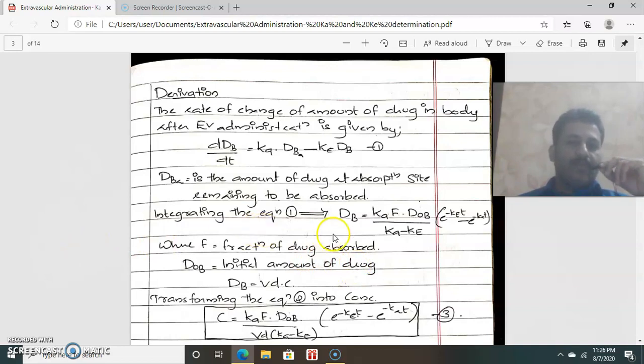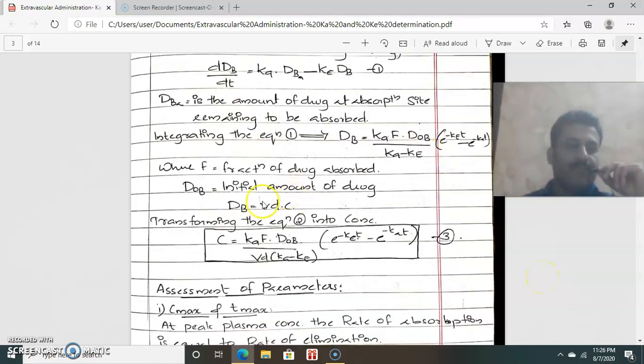So we got the amount of drug present in the body that we have to convert into its concentration term. For that again we will be using the relationship that is dB is equal to Vd into C. So you can write C is equal to dB by Vd, or this equation divided by Vd will give you the concentration term.